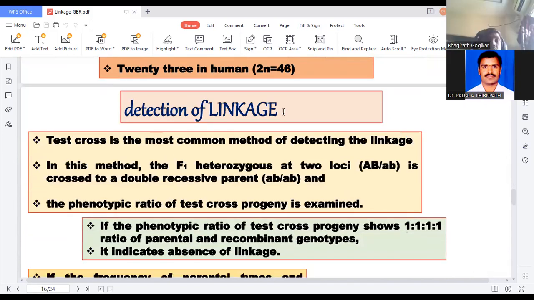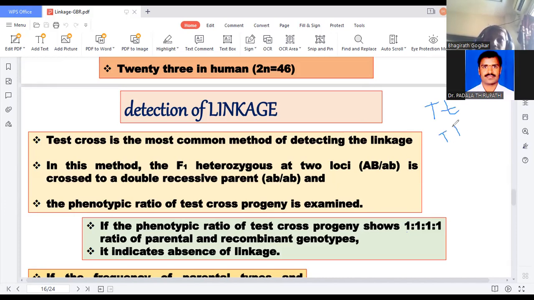Detection of linkage: how can we detect linkage? By crossing over. The F1 individual is crossed with the recessive parent plant, which is called a test cross. What is the main significance of the test cross? Why are we using the test cross? For example, the tall character may exist in this genotype or in this genotype.